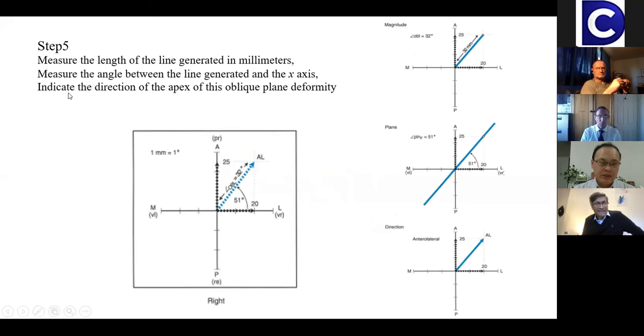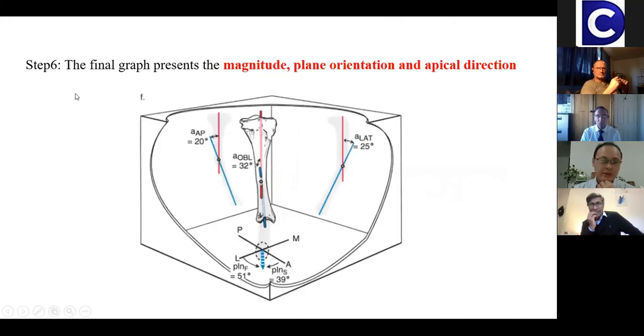Then indicate the direction of the apex of the oblique plane deformities. Like this, in the right photos, you can understand. And step 6, the final one, in the box, so we can know the degree, the plane direction, and the apical direction of the deformity like this. These are the steps of the evaluation.